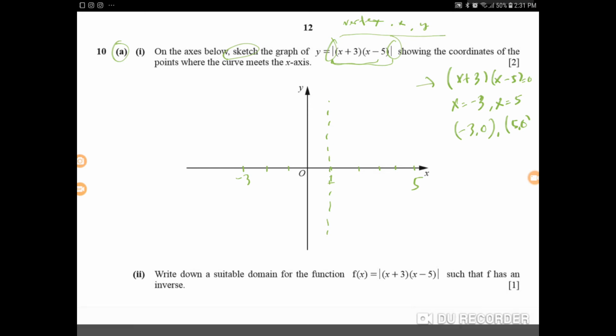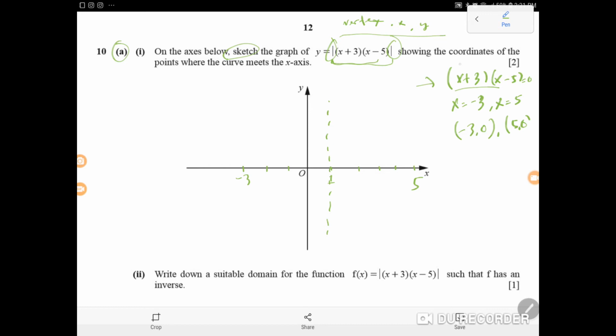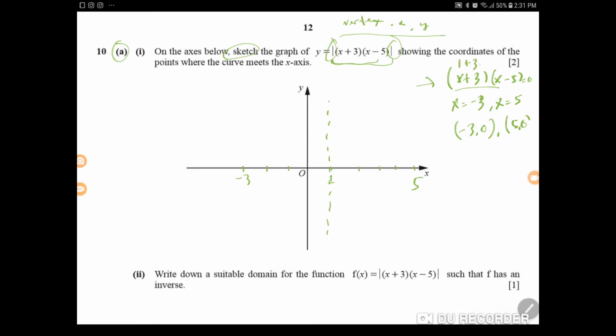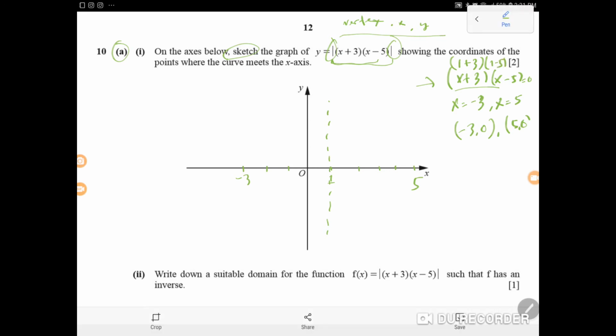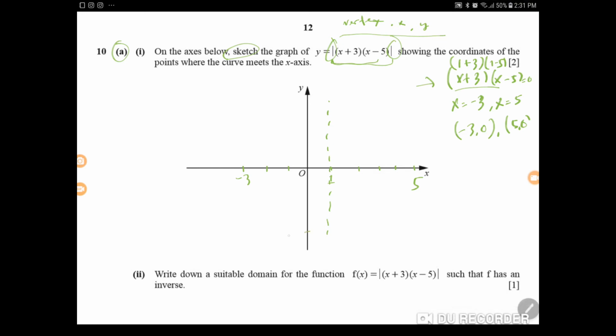If x equals 1, then 1 plus 3 is 4, multiplied by 1 minus 5, which is negative 4, so 4 times negative 4 gives us negative 16. So this must be the vertex, 1 comma negative 16.